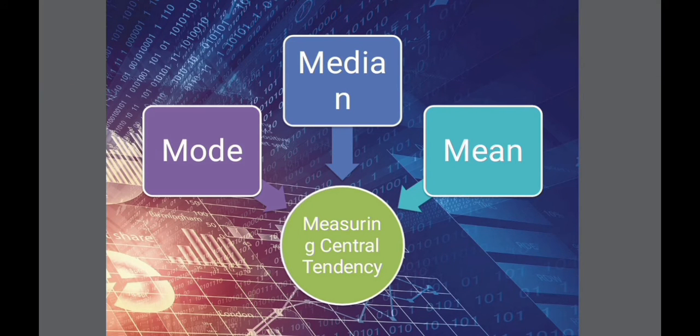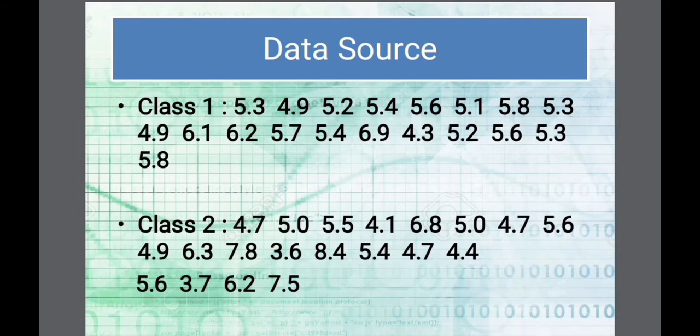There are kinds of measuring central tendency like mode, median, and mean. But before that, I will explain about measuring central tendency. Measuring central tendency is a statistic or numbers that give some indication of the overall average. You can see there are two classes, class 1 and class 2, and each class has 20 scores.